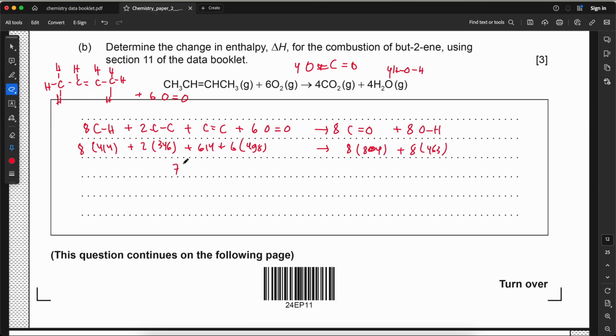That would be 7,606 and 10,136. So delta H would be 7,606 minus 10,136, which is negative 2,530 joule.